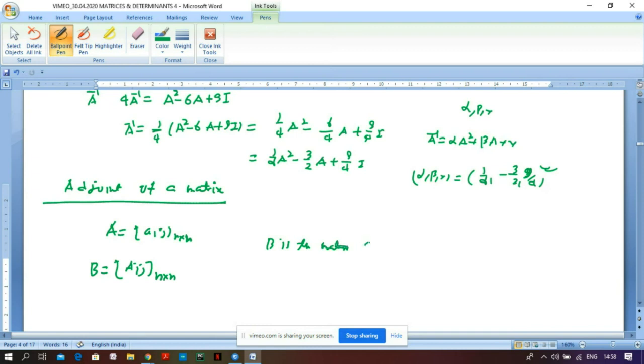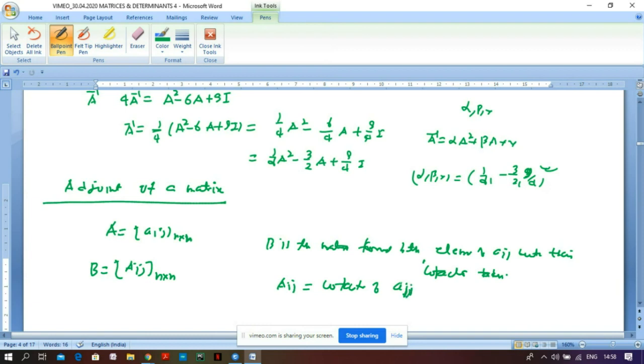B is the matrix formed by the elements of Aij with their cofactors taken. Cofactors taken means capital Aij is the cofactor of Aij.